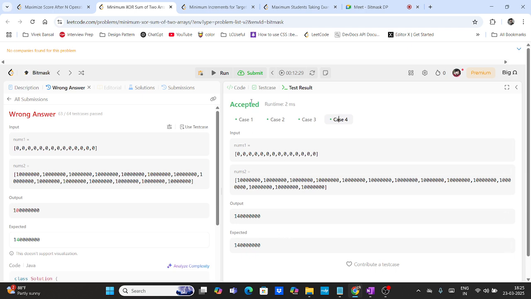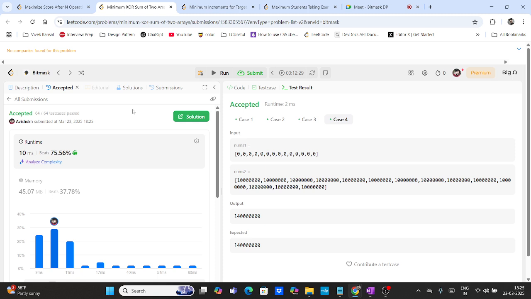Okay, same value, so the minimum is the same. It is returning this one, but our minimum was this one. So that was the problem.